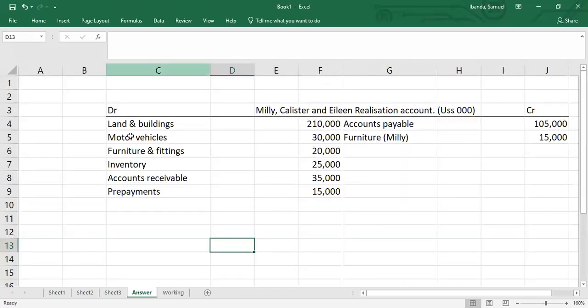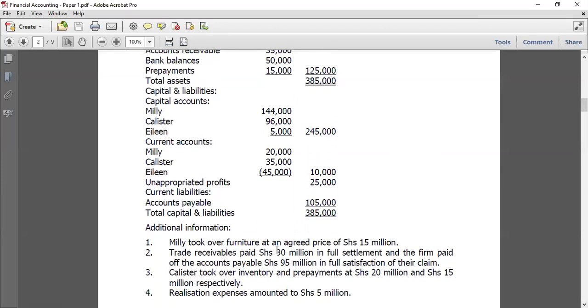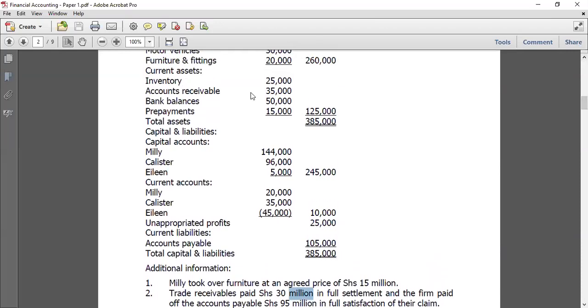And the other thing to do is also, they are telling me here that trade receivables were paid 30 million in full settlement. Okay. Remember our trade receivables, when you try to check and see, accounts receivable was 35 million, but was paid 30 million. So that is less than what we should have.